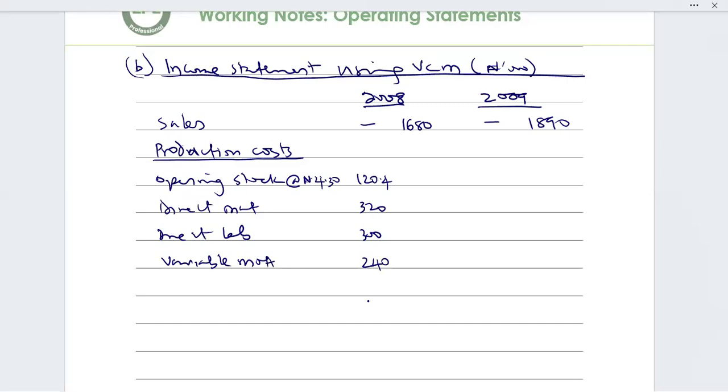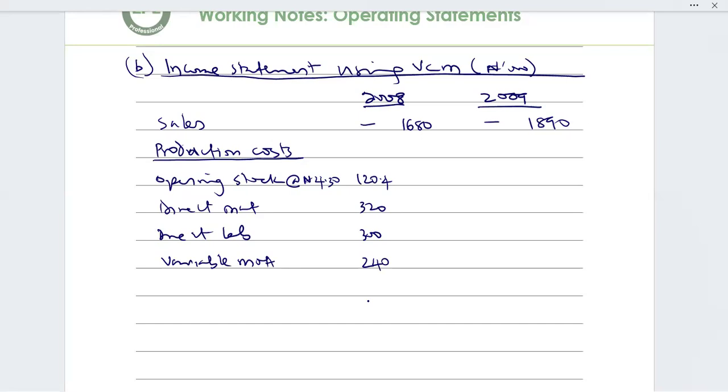Remember, one of the principles that we discussed today is that under marginal costing method, fixed production overhead is not part of production cost. Rather, it should be written off fully from the aggregate contribution. So when you want to determine the production cost using variable costing method, you don't include fixed production overhead.